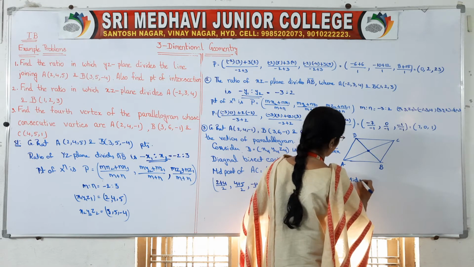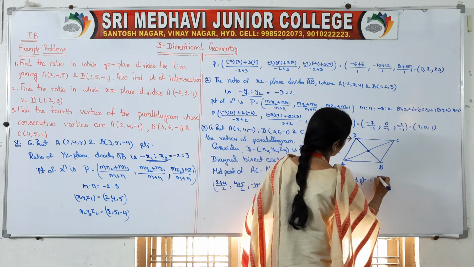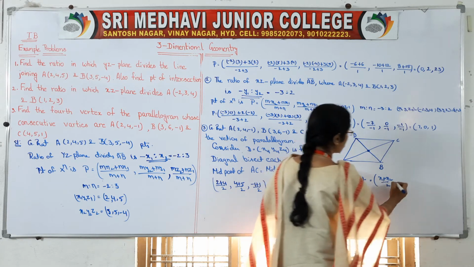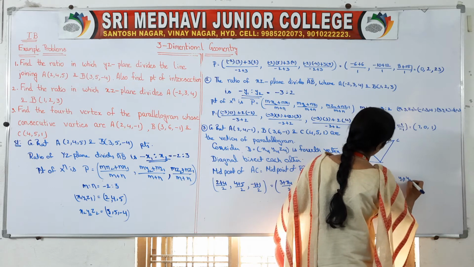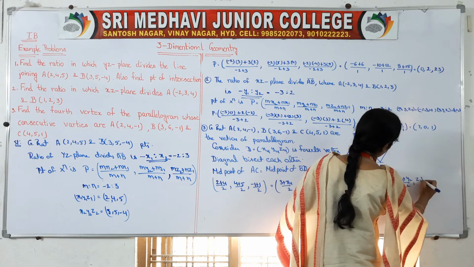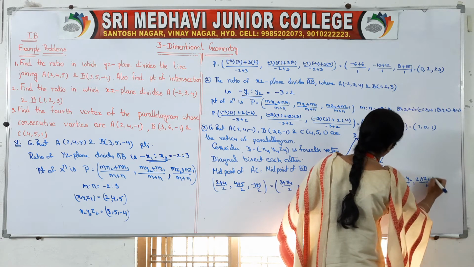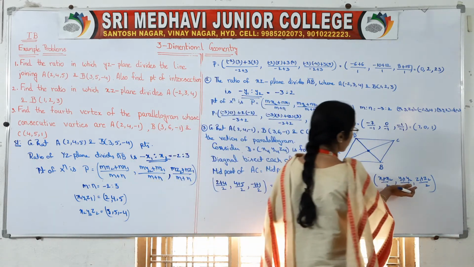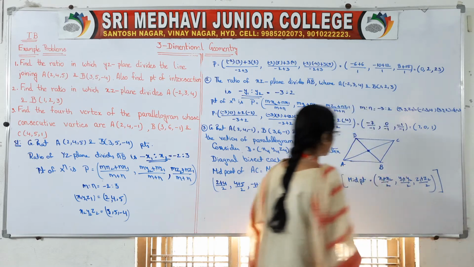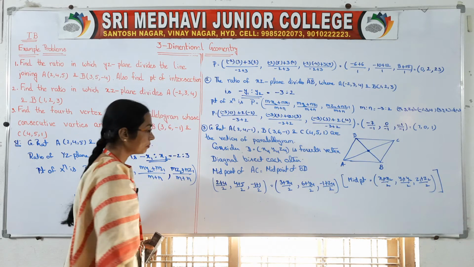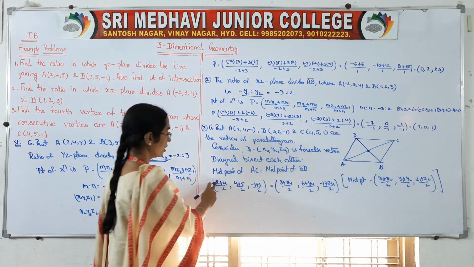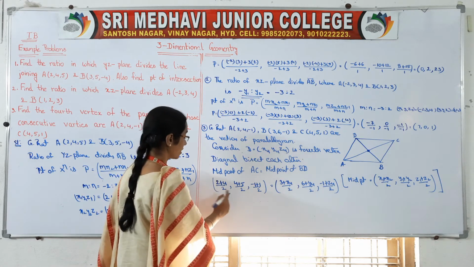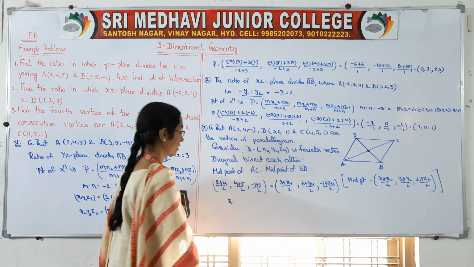Okay, so which formula did we use? Midpoint, right? Midpoint is equal to x1 plus x2 by 2, y1 plus y2 by 2, z1 plus z2 by 2. This is 3D, right? Otherwise in 2D we will stop here only. Now here it is 2 plus 4, 6, right? 6 by 2, that is 3.